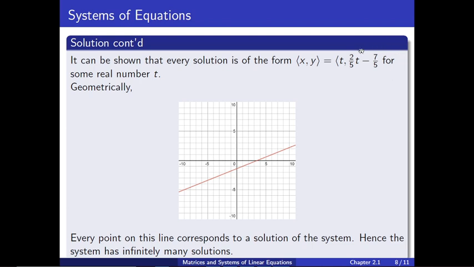Because t is arbitrary, we have an infinite number of solutions. Let's think about it from a geometric point of view.